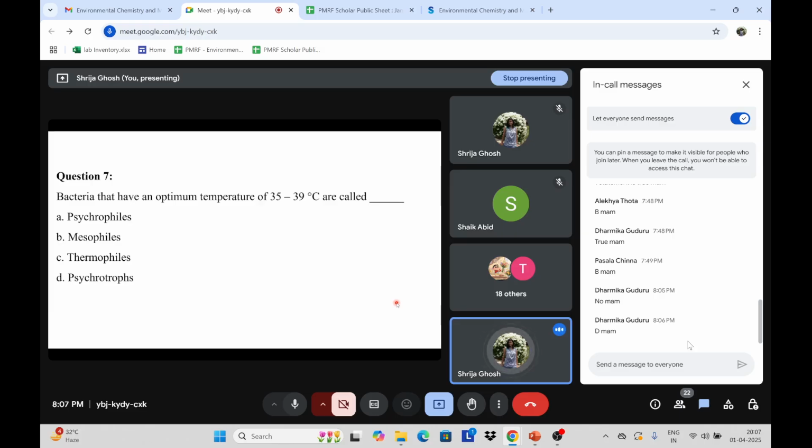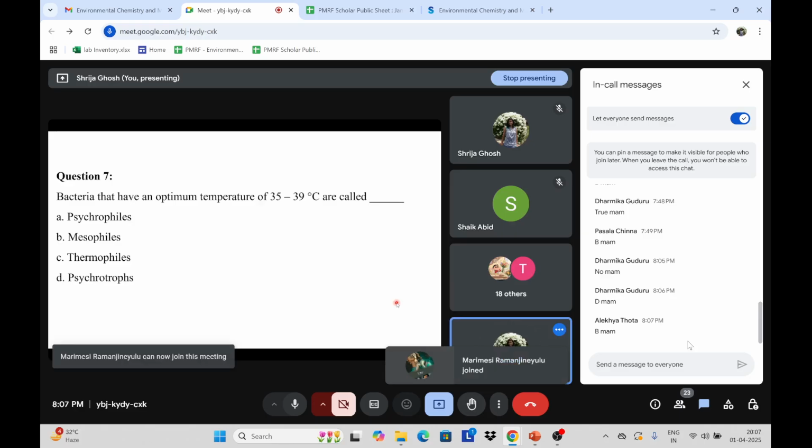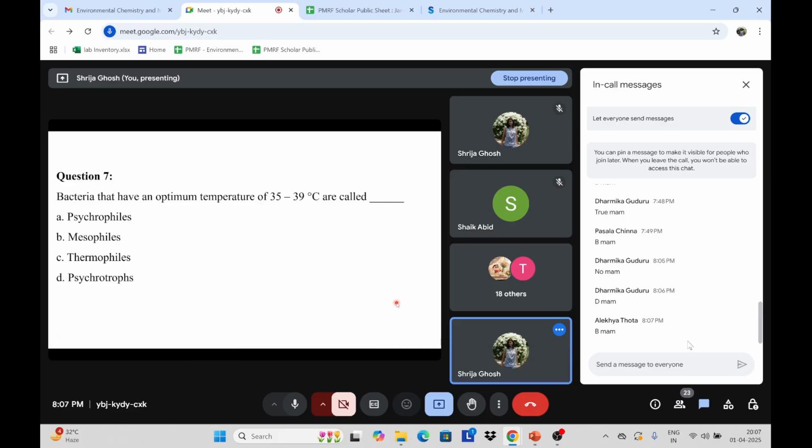Write your answers in the chat box. I have one more answer, option B, that is mesophiles. Okay. Anyone else? Anybody else wants to answer?